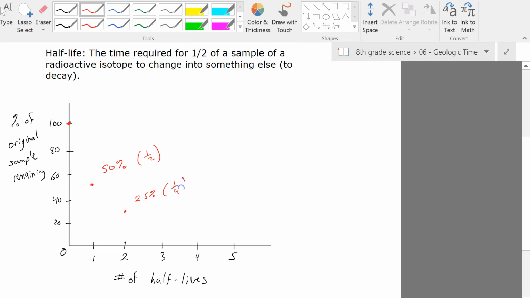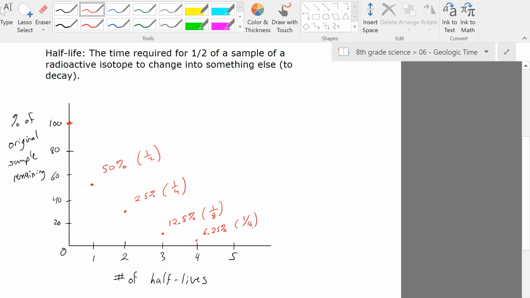or 1/4. And this pattern will continue, so we'll do half of that again, half of 25%, so another half-life is going to be 12.5%, or 1/8. That's a quarter times a half. Next one, 4 half-lives in. We're going to do half of what we had after 3 half-lives. That'd be 6.25%, or 1/16.